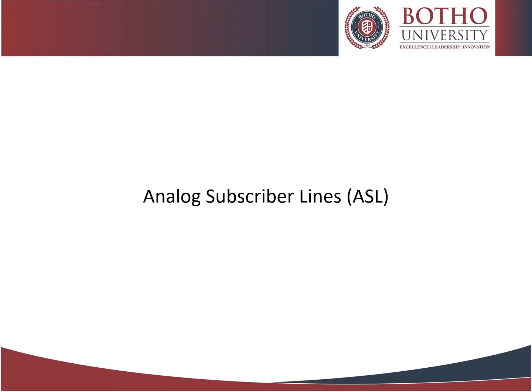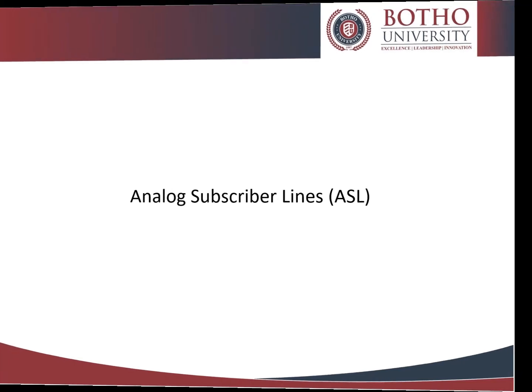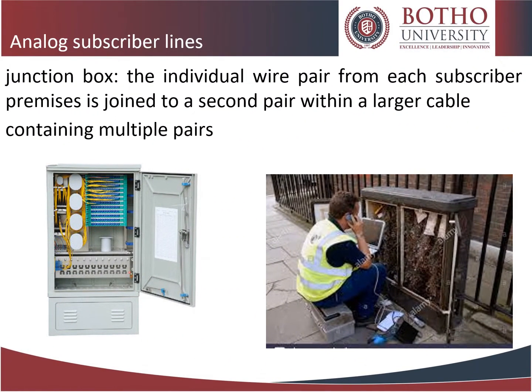In order to enable new customers to be added and faults on individual lines to be located, each subscriber line within a localized area is terminated at a junction box. The junction box is located within a few hundred yards, meters, of the customer premises within that area.